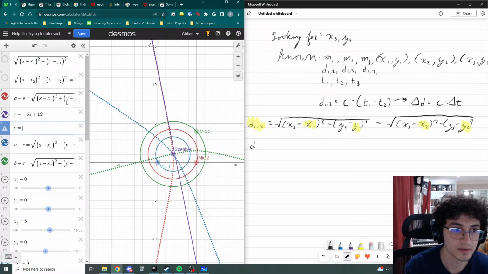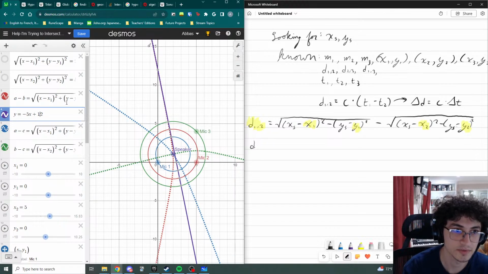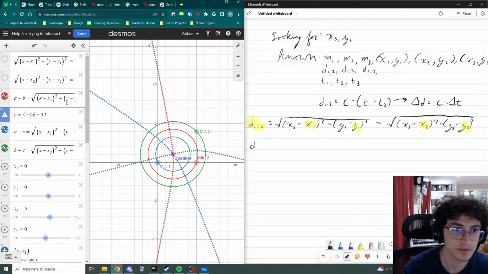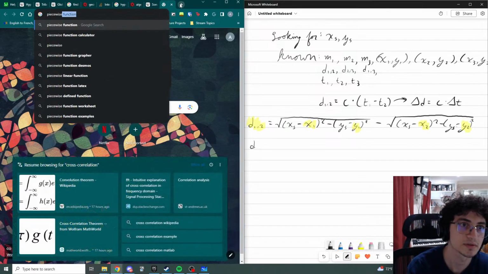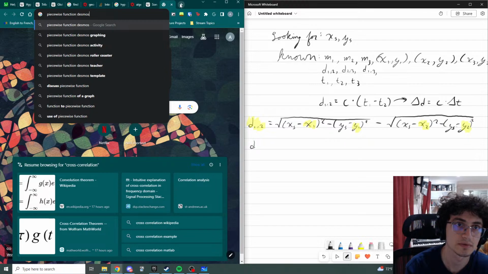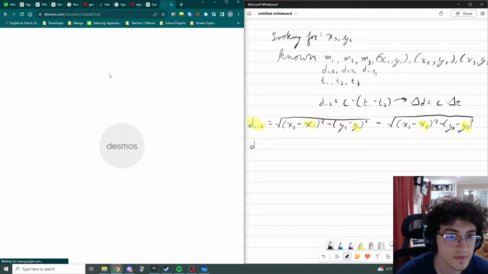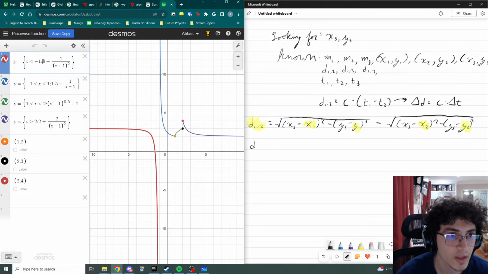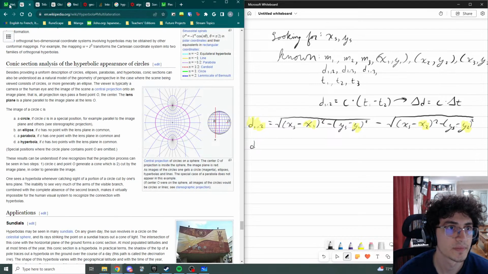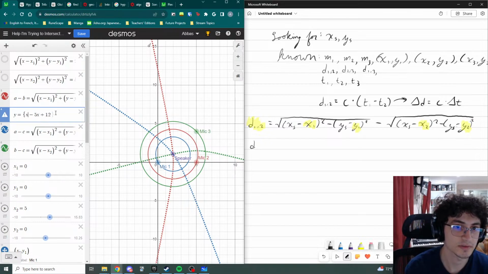And then y equals, well, I guess this is actually a piecewise function, right? How do I do piecewise functions? Piecewise function. I see. Okay. For x less than 1. For x less than or equal to 2, it's this.